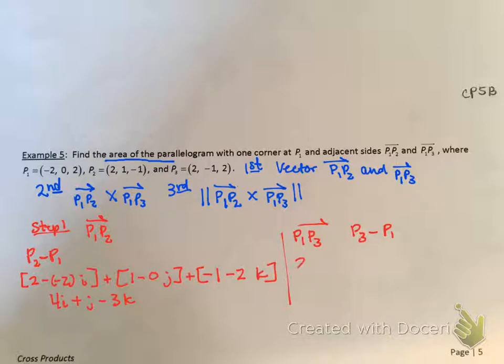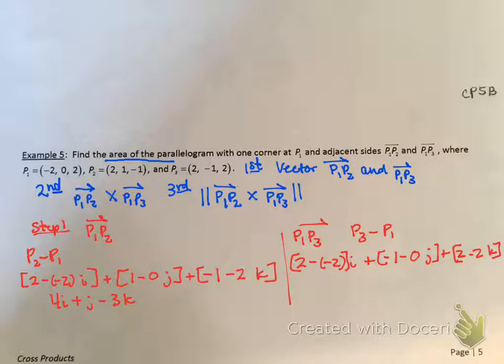So I get 2 minus, now remember I'm looking at P1, negative 2, I. Plus, let's look at the J's, negative 1, minus 0, J. Plus, and now I'm looking at the K's, 2 minus 2, K.